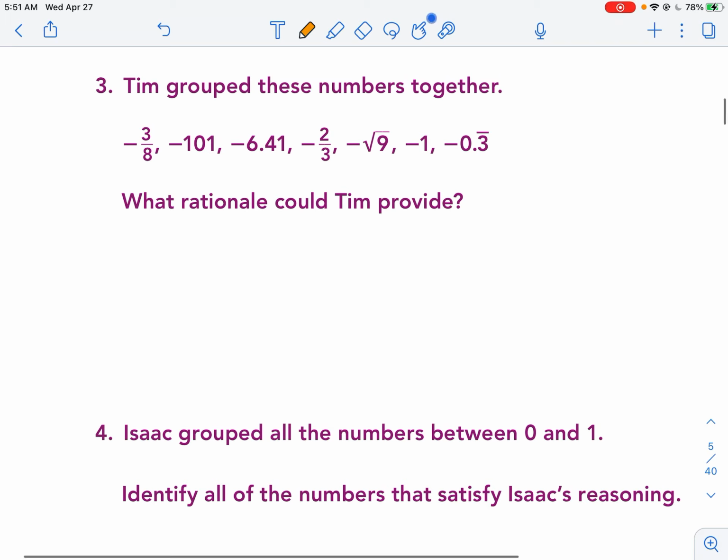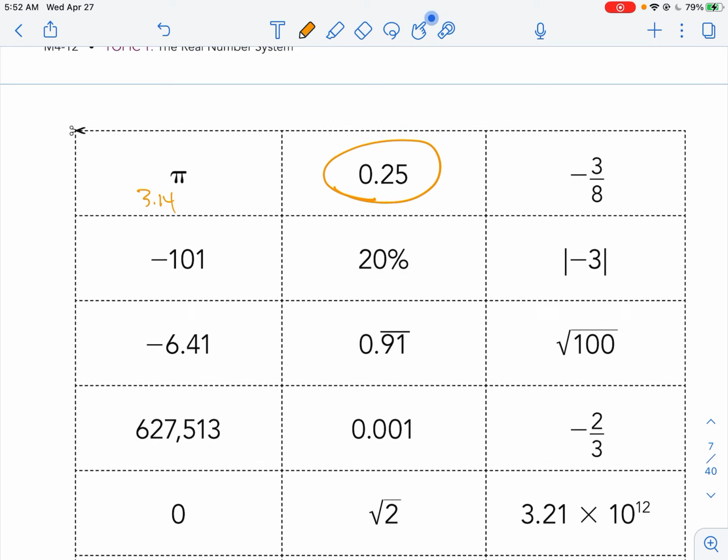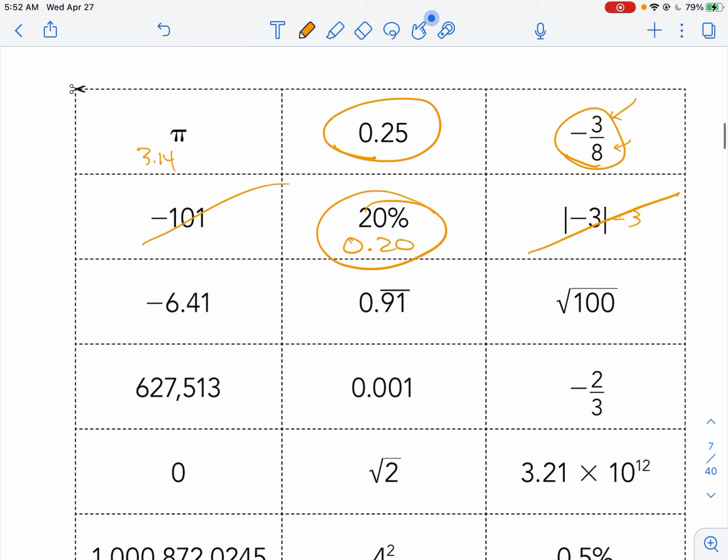This is 3.14. That's not between 0 and 1. 0.25 would be. Remember how I said the numerator has to be smaller than the denominator? That one is. Nope. This one is 0.20. That one is. This one would come out to be 3, so that one's not.